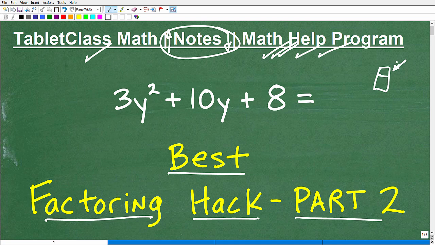I was already distracted enough. These little devices, they're awesome, but they're completely distracting. And what you need to be doing is focusing. Okay, you got to focus. That is the key to success. And in learning anything, you got to learn how to focus. And evidence of you being engaged and focused is your notes. So you got to work on your note taking. Obviously, you're watching this video because you're interested in learning mathematics. But I'm telling you right now, to really master math, you got to have fantastic notes.